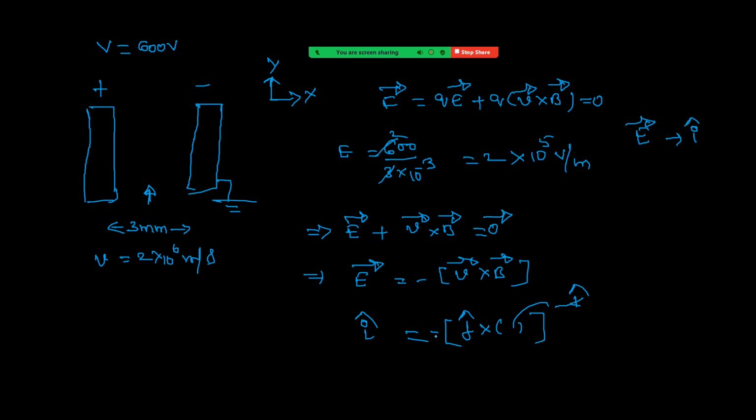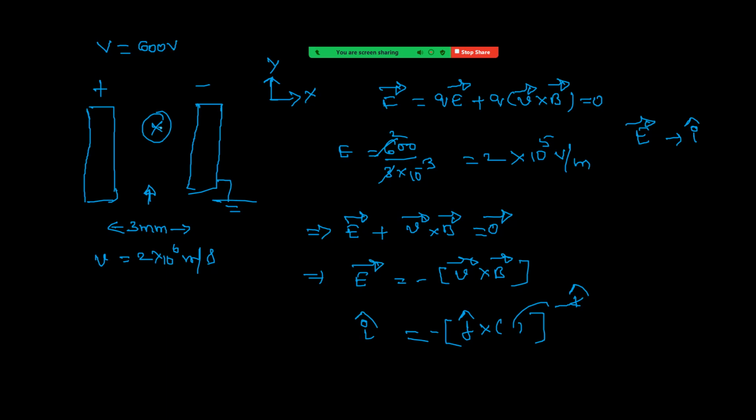Let me cross check: j cap cross minus k cap is minus i cap. Minus of minus becomes a plus. So the direction of the field, according to this convention of X and Y, must be into the board, in the inwards direction.